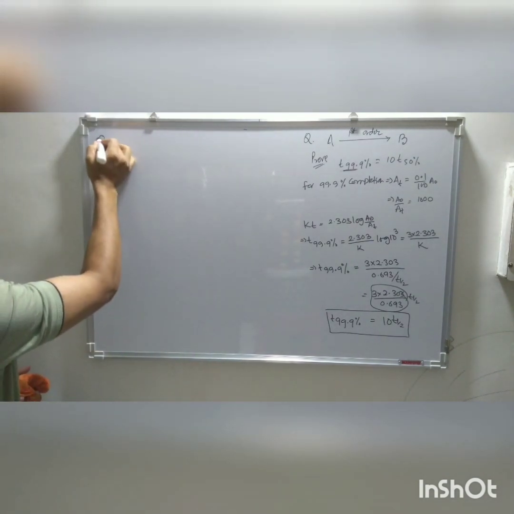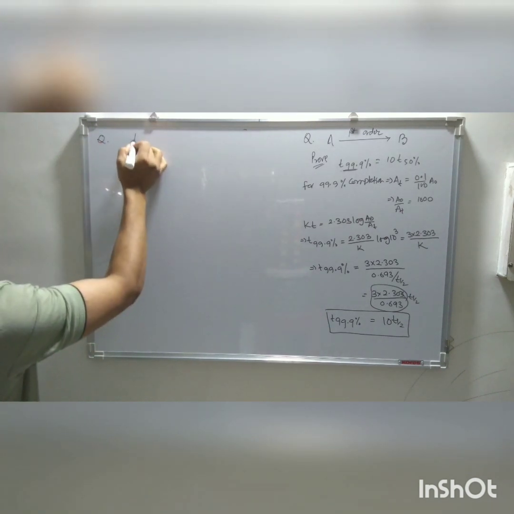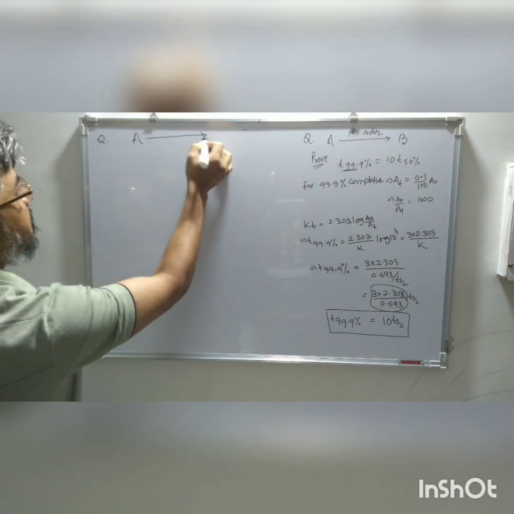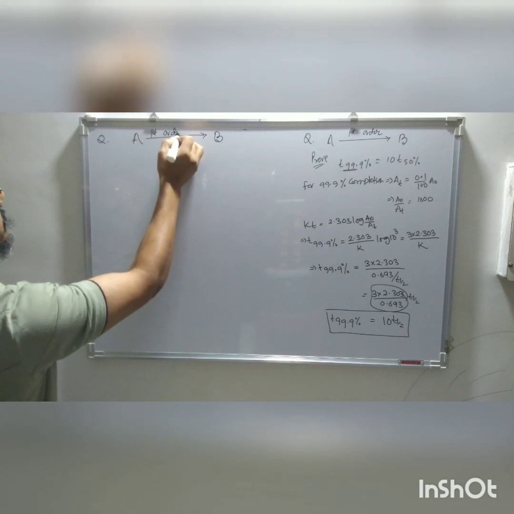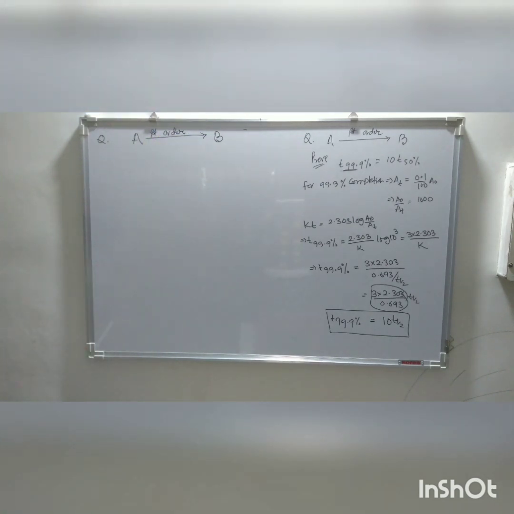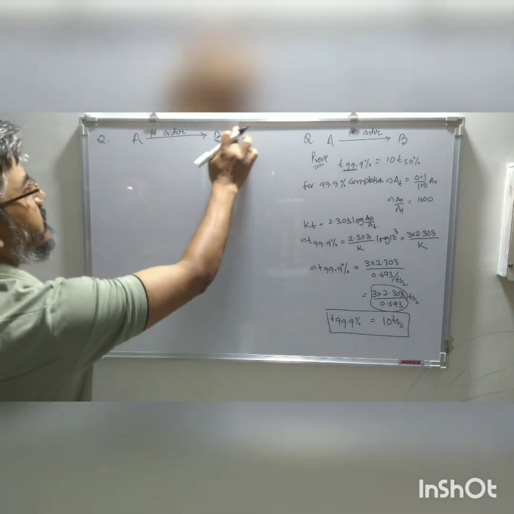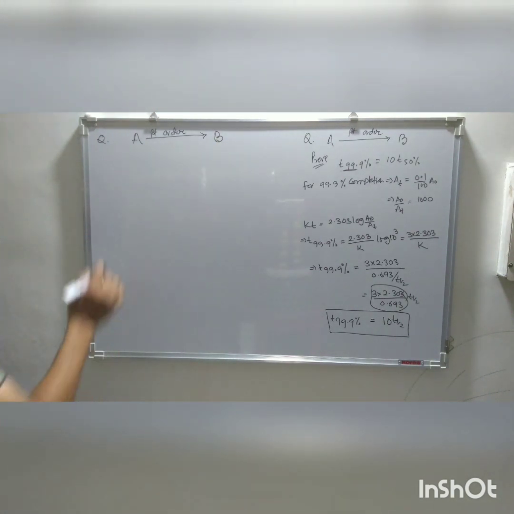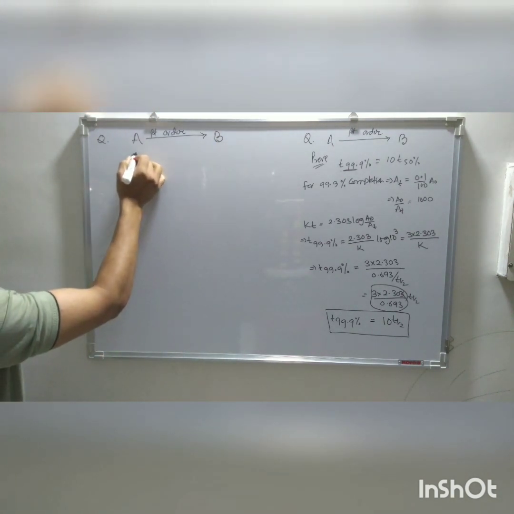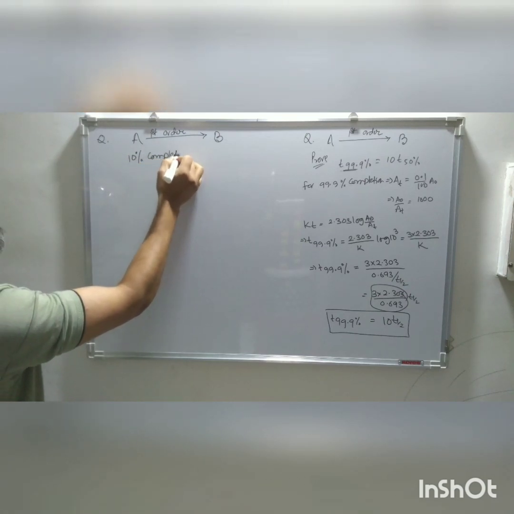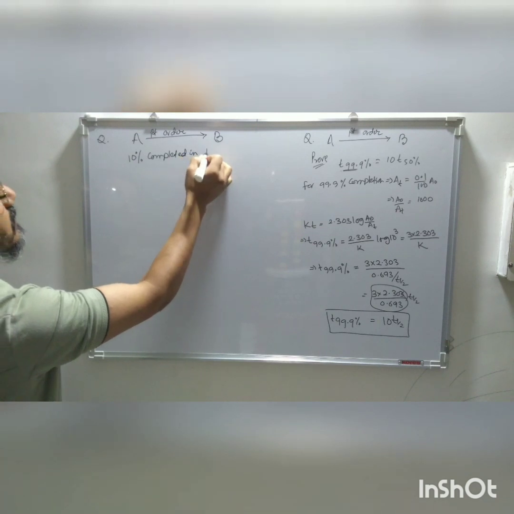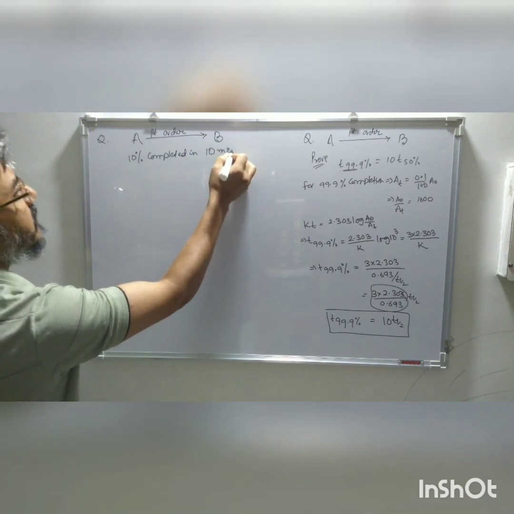Again, we have first order kinetics. We have this reaction A changing into product B. This is the first order kinetics. The question says this first order kinetics is 10% completed in 10 minutes.